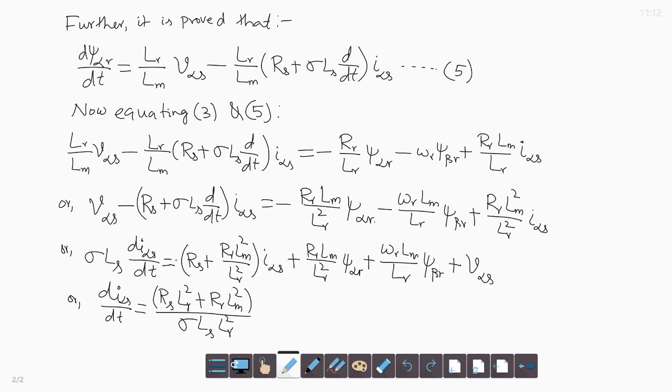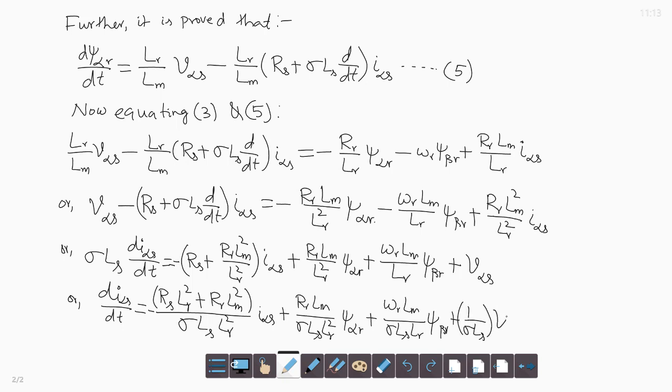We have a minus sign before the I alpha S term, please check it, minus sign into I alpha S. So, plus RR Lm by sigma Ls into Lr square into psi alpha R plus omega R Lm divided by sigma Ls into Lr into psi beta R plus 1 by sigma Ls into VAS.